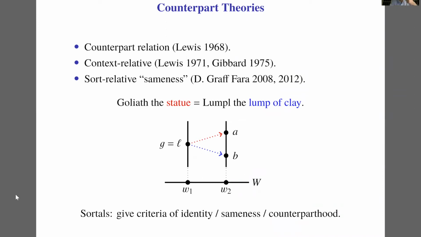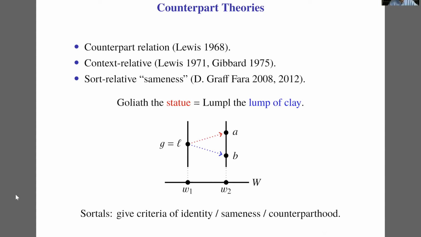And then you give a trans-world identity in terms of a counterpart relation between those supposedly different things from different worlds. Then there are extensions or generalizations of these original semantics by Lewis, by Gibbard, or slightly more recently Graff Fara.